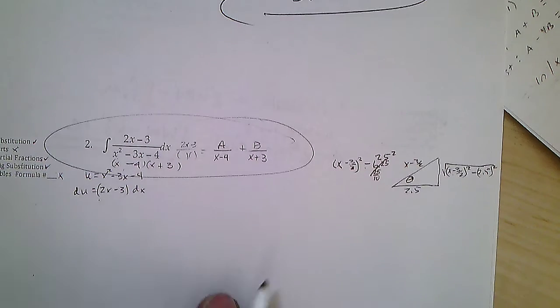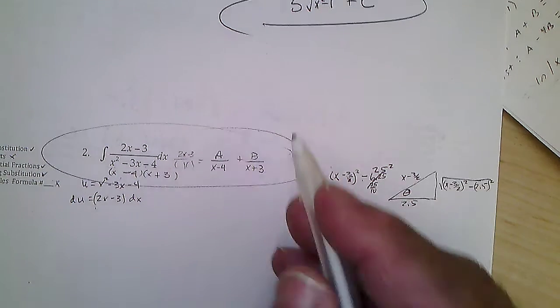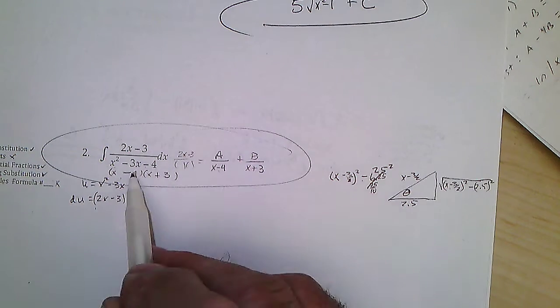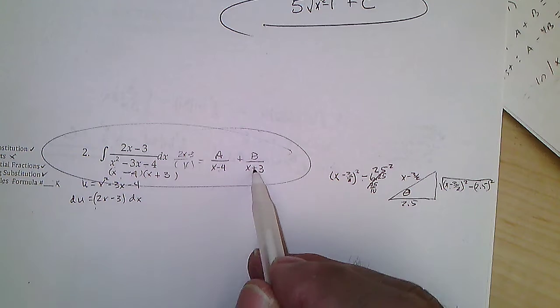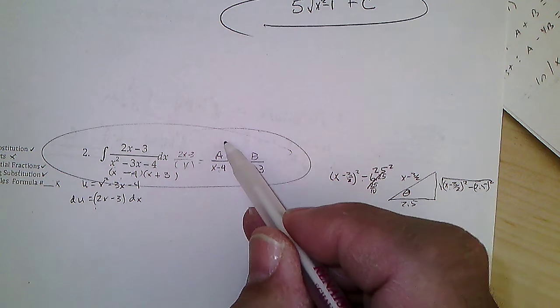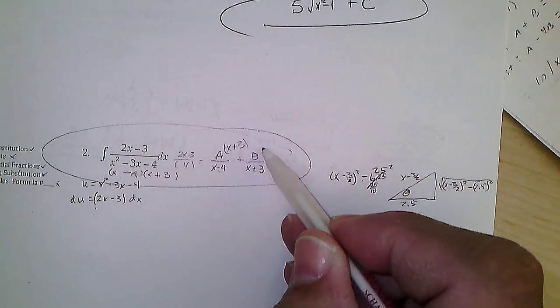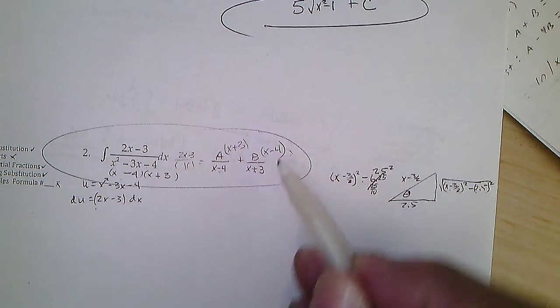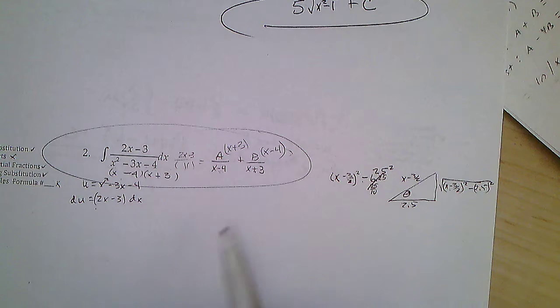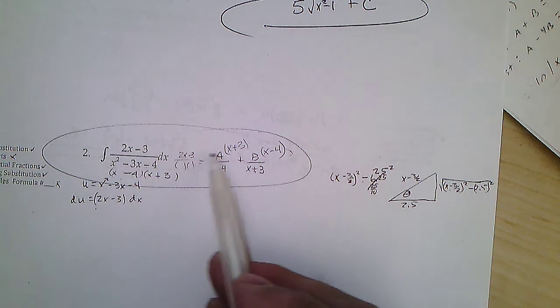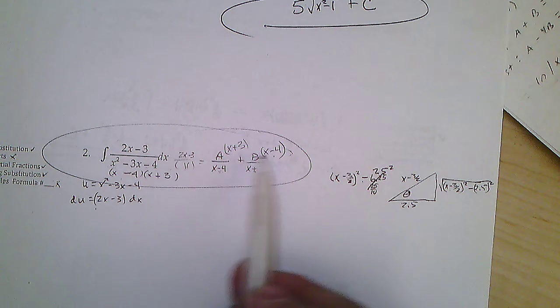This one. Okay. To get a common denominator here, since this factored to this, we put a over those. Those are just linear factors. This would have to be multiplied by x plus 3. And this would have to be multiplied by x minus 4. And we could do, let x be minus 3. We could let x equal 4.